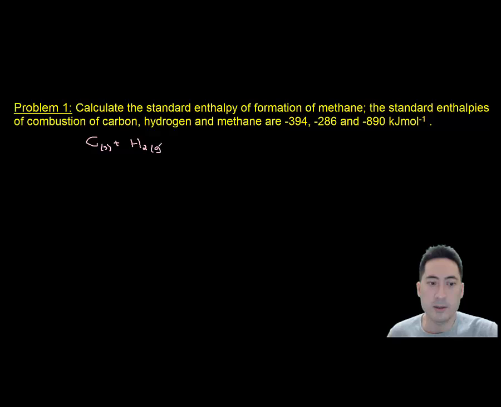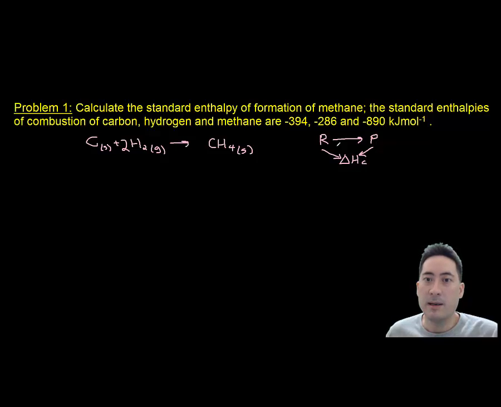Problem 1, how do we work out the formula for this? Because we're using standard enthalpy of combustion here, we have to know what that is. The formula itself is giving us the enthalpy of formation. So what we have is these things being burnt. We have carbon, hydrogen and methane forming oxygen compounds. So we're going to get carbon, hydrogen to an oxygen compound, and then we're going to reverse it to get the carbon out.